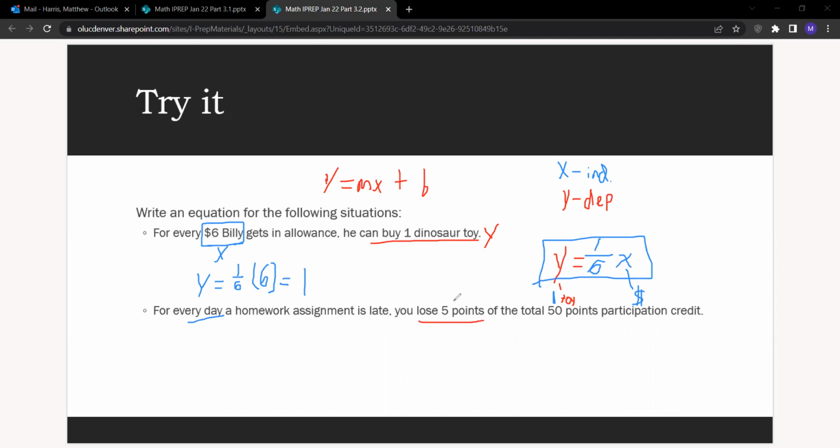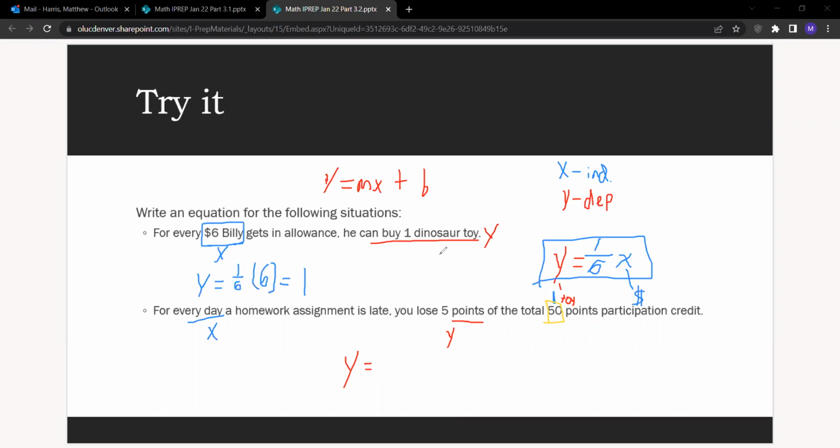So you already have 50, and then you just put it together like we did with our last one. If we know y is points, we put y is equal to, and then what's our slope?